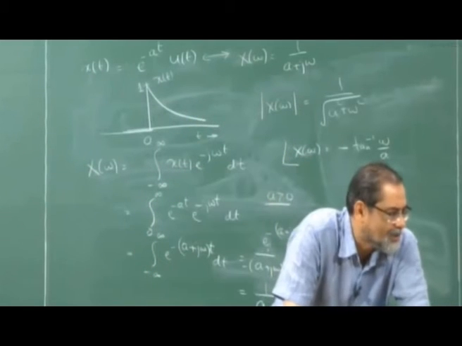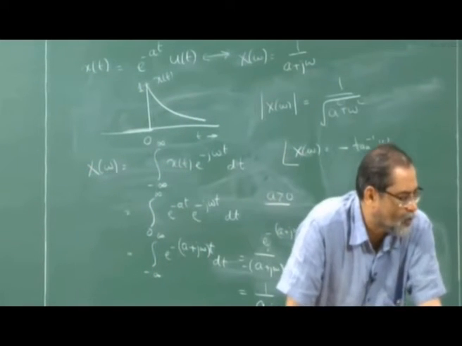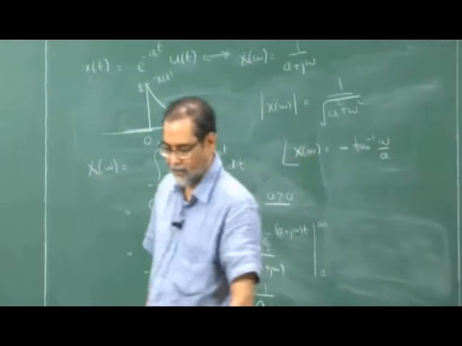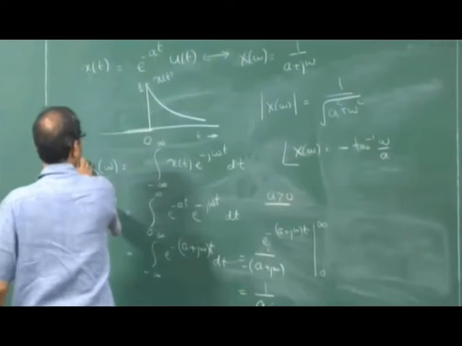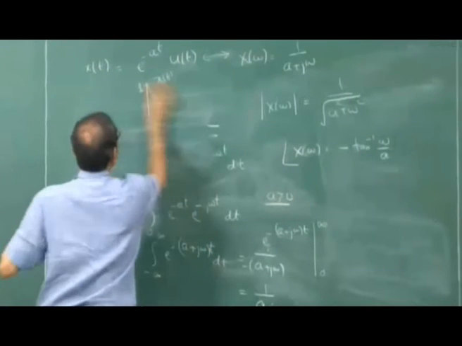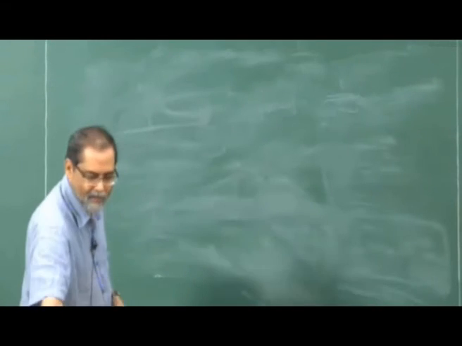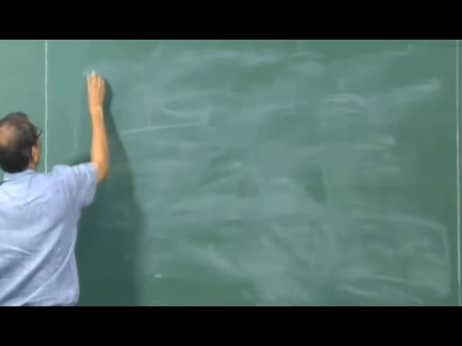Another question is, explain the concept of orthogonality in Fourier series. So let me go back to Fourier series, and maybe I can erase this and talk about it. Let me go back and tell you what I did the first time I talked about Fourier series.